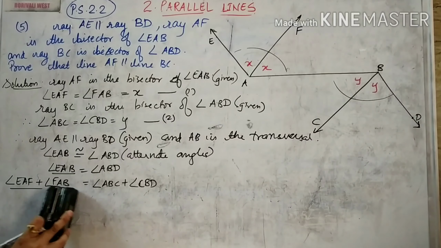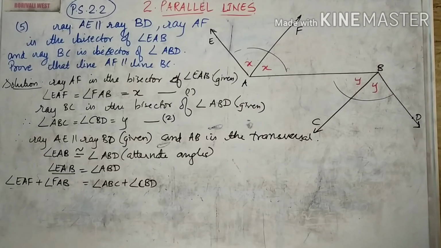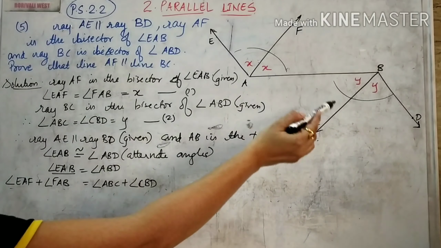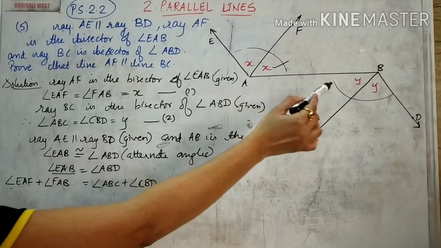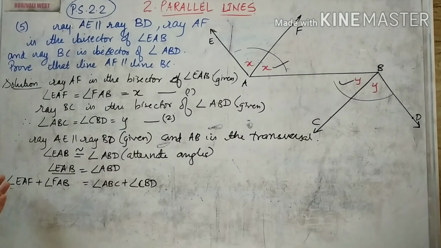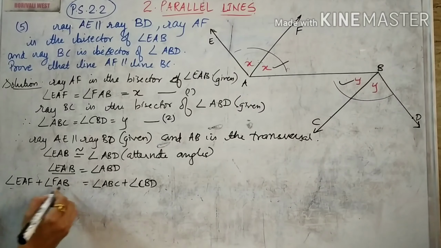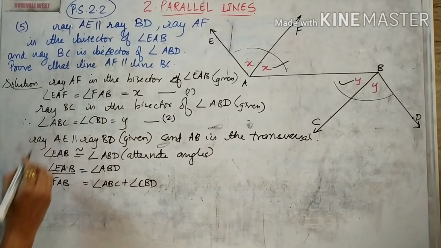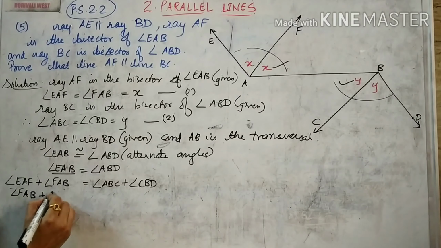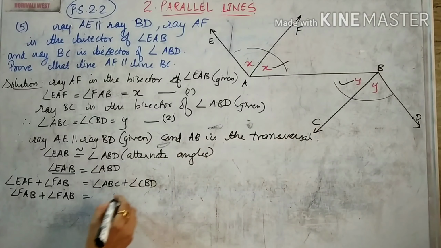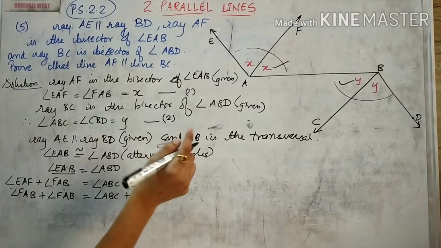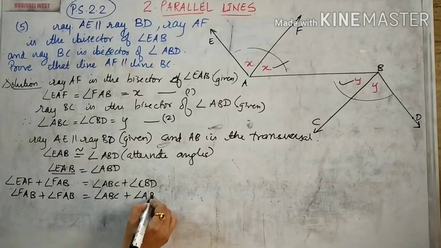Now, what do I need to prove here? I need to prove that AF is parallel to CB. And to prove this, I need this angle and this angle to be congruent. Out of these two pairs, EAF and FAB are both equal angles. So instead of EAF, I will write angle FAB, plus angle FAB. Similarly, here angle ABC and CBD are both equal, so I will write angle ABC plus angle ABC.